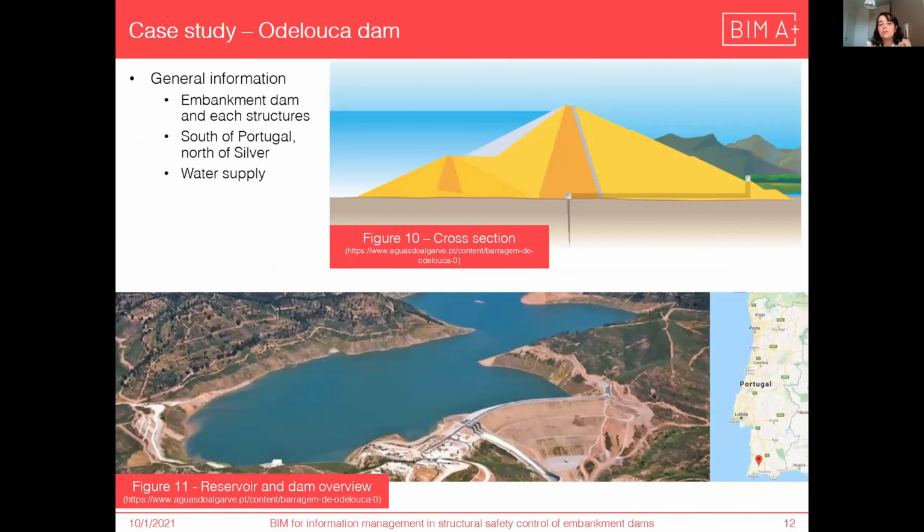So the case of study was Odeluca Dam, an embankment dam located in Portugal. This is for water supply. And we implemented the three structures. We simplified, of course, just three structures: the embankment dam, the core of it, and the drain.